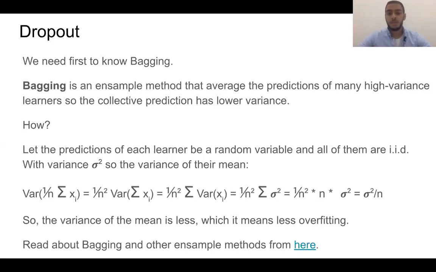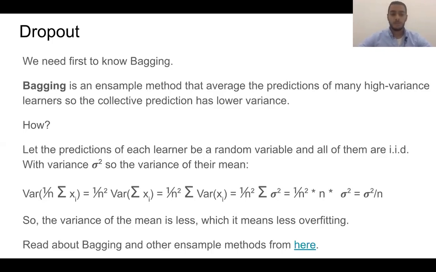How is this done in bagging? What's the theory behind it? Look at these equations. Imagine you had the predictions of each learner in the bagging. Basically, each prediction is a random variable, and all of them are independent and identically distributed random variables with variance sigma squared.